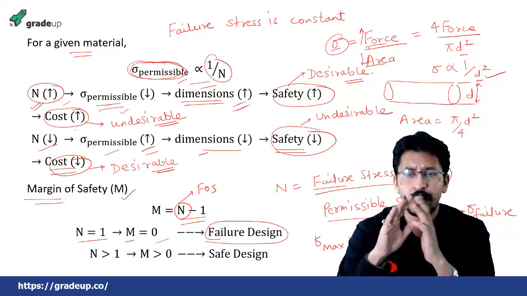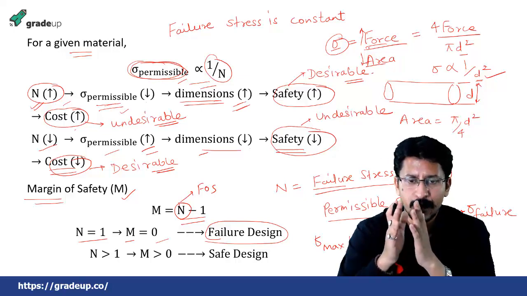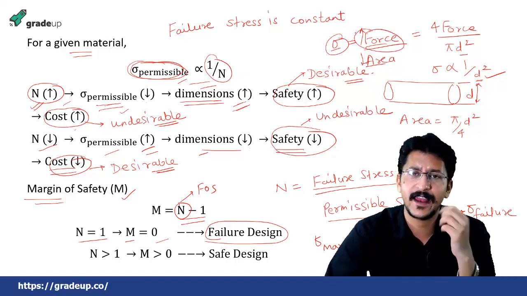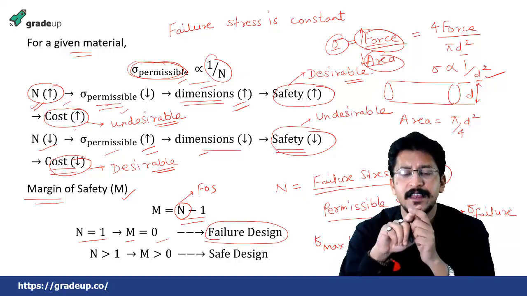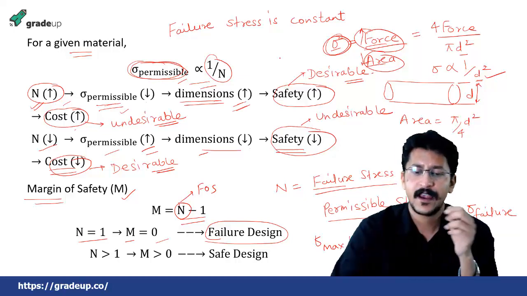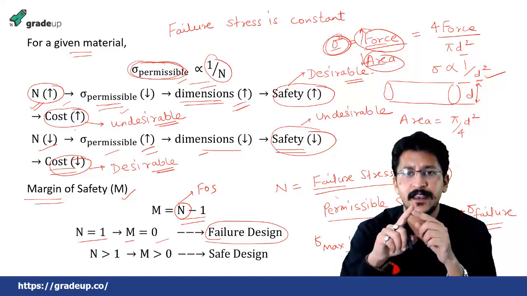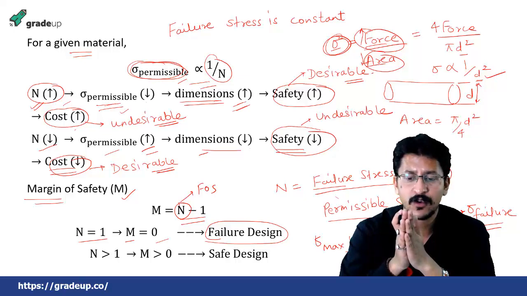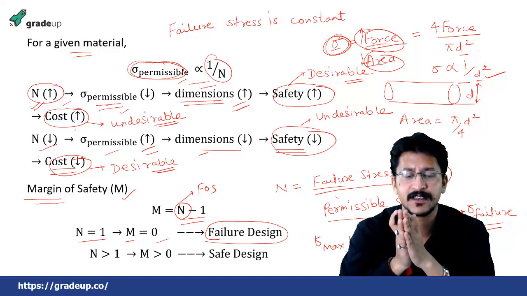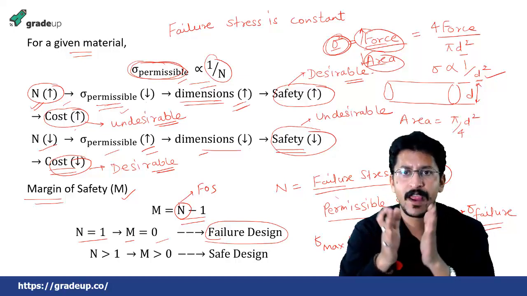So if anyhow, due to carelessness or some such condition, the force increases at any instant or the area decreases, then the stress induced will become high. And if we are using a permissible stress equal to the failure stress, then as soon as the maximum stress induced becomes equal to or greater than the failure stress, the component will at once fracture or fail completely.